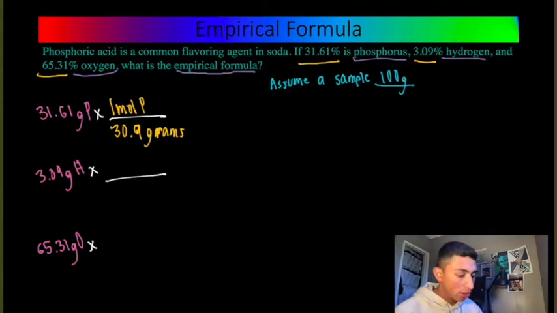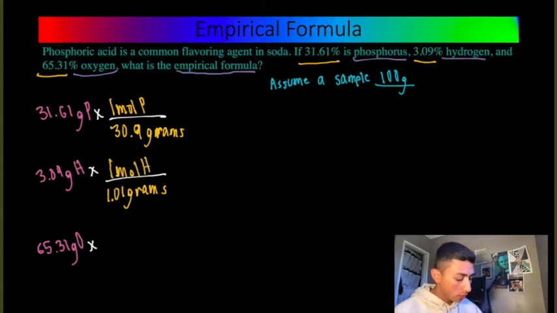Now moving on to hydrogen, the molar mass of hydrogen is 1.01, so you make that conversion from grams of hydrogen to moles of hydrogen. For every 1.01 grams, you have 1 mole of hydrogen.